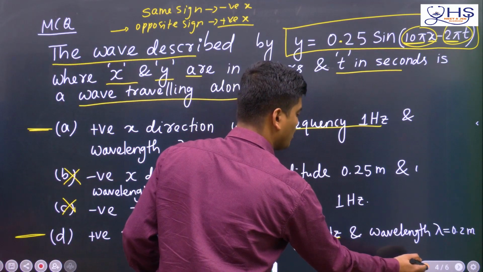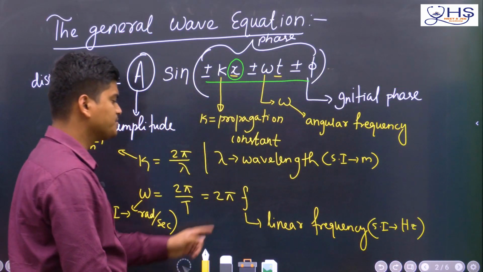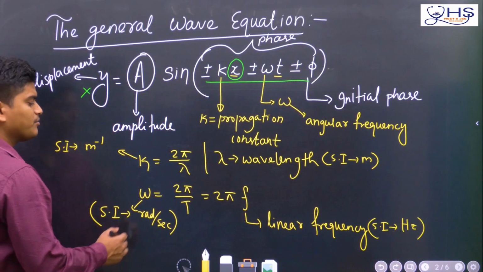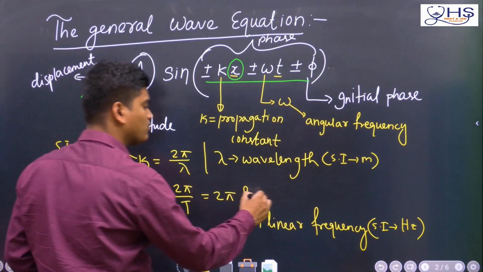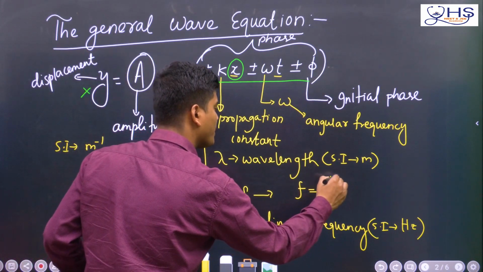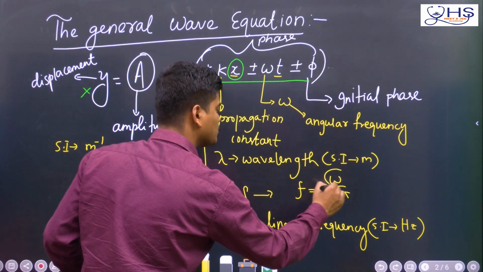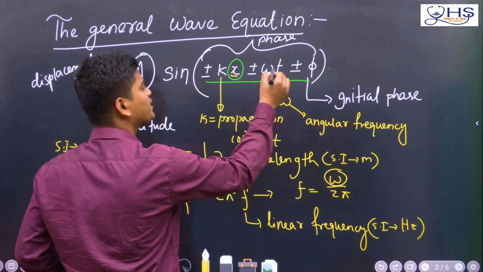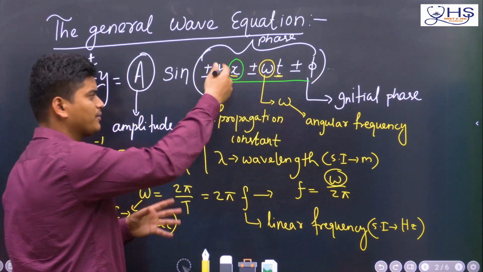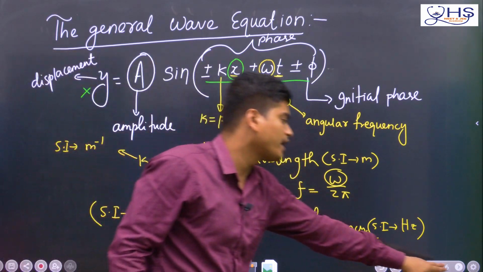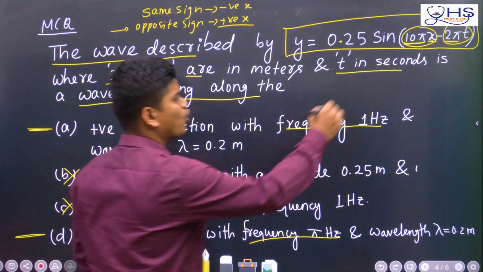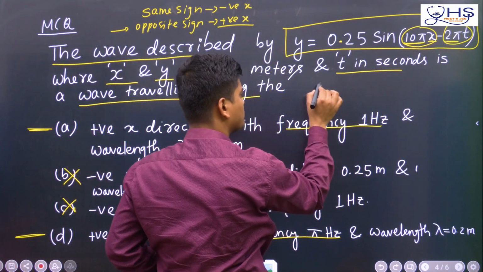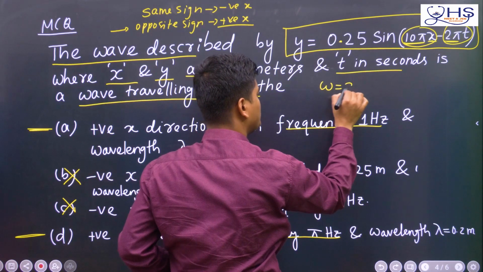Just now in the previous page I told you. The frequency is basically f, and f is nothing but omega by 2 pi. Omega is nothing but the coefficient of t. Always remember, whatever the coefficient of t is, you take it magnitude-wise. You see the coefficient of t is basically 2 pi, so your omega is 2 pi.